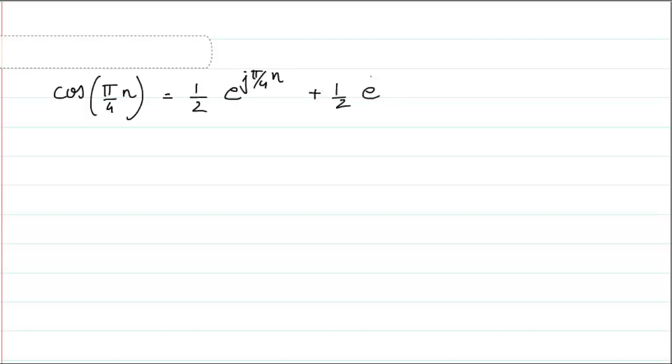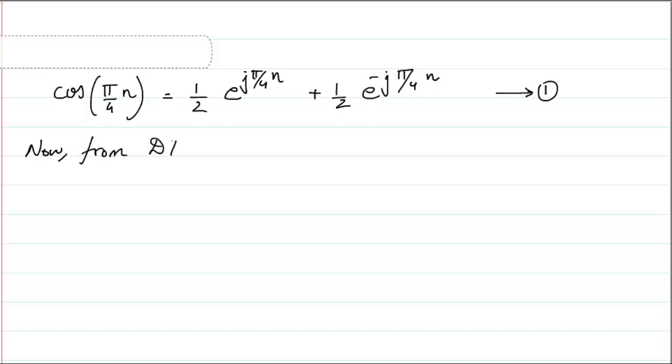So cos pi by 4 n can be written as 1 by 2 e raised to power j pi by 4 n plus 1 by 2 e raised to power minus j pi by 4 n, and this is our equation 1.